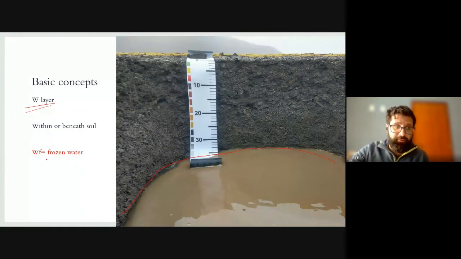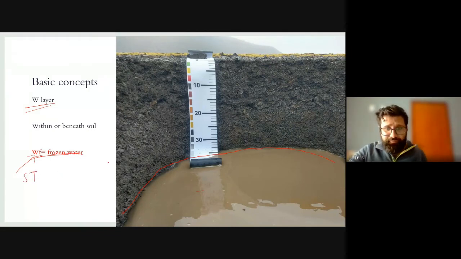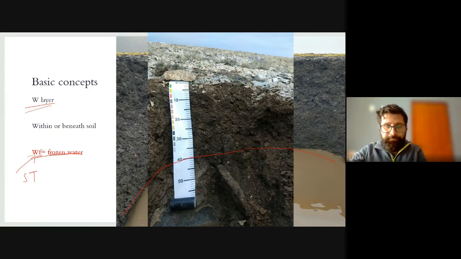And the soil taxonomy identifies this layer as a liquid layer or solid layer. If you have solid water, you have a WF, frozen water. But if you have frozen water in the WRB, you have another horizon, okay?